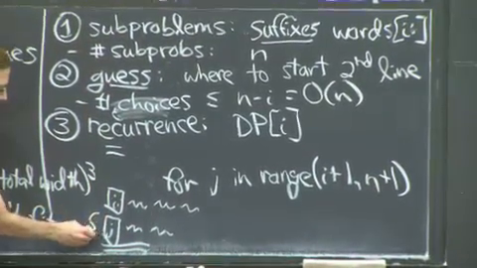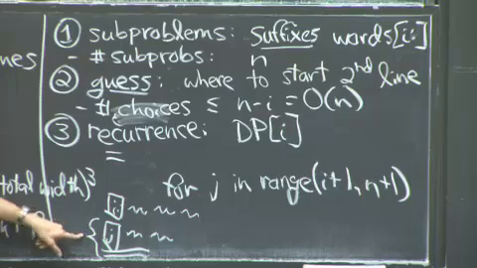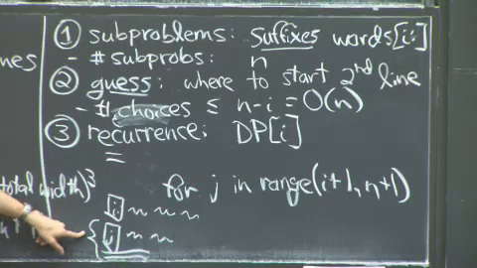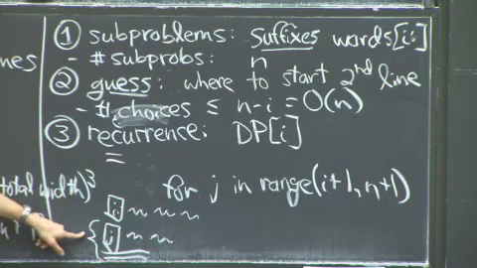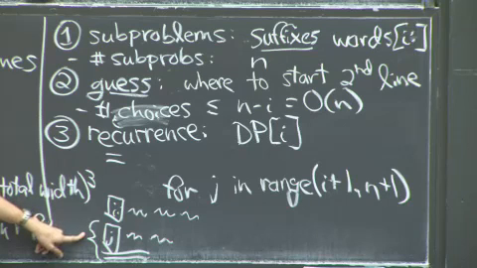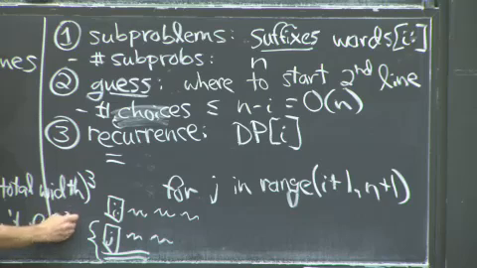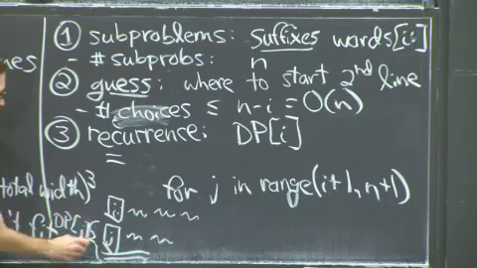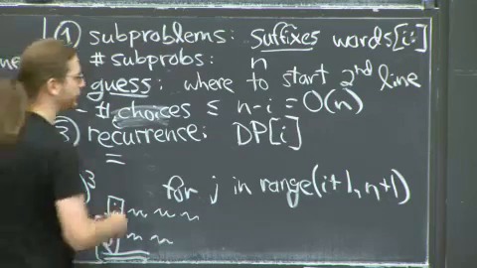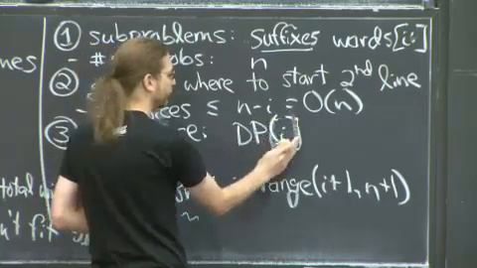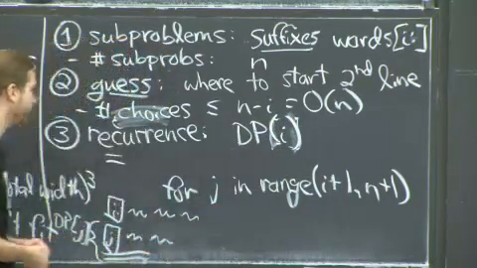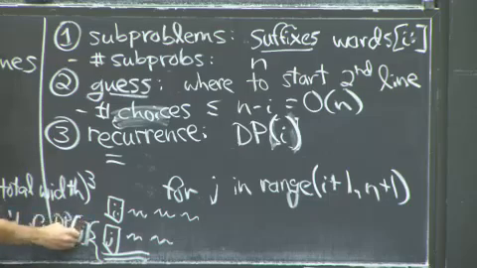But how can I use recursion to specify this? dp of j. Exactly. If I'm doing recursion, I should use parentheses instead of brackets. But if you're doing it bottom up, it would be square brackets.